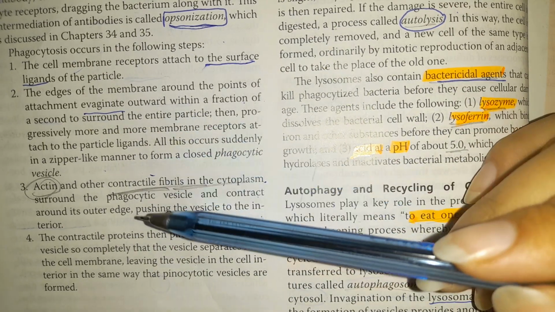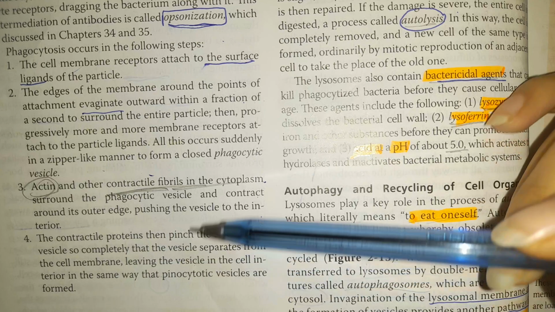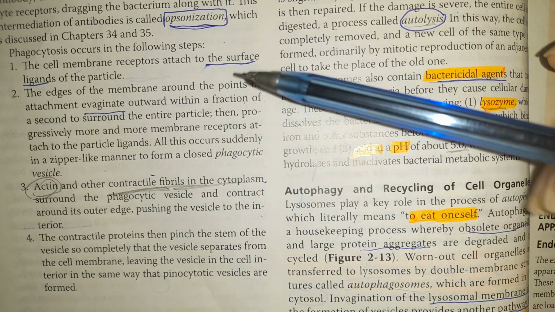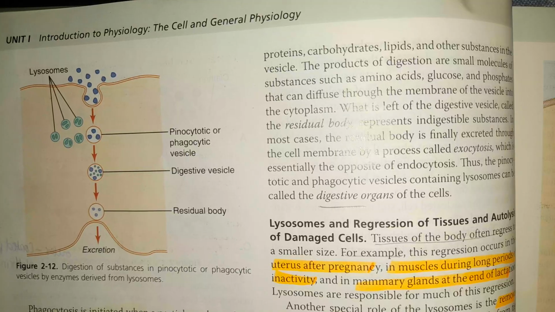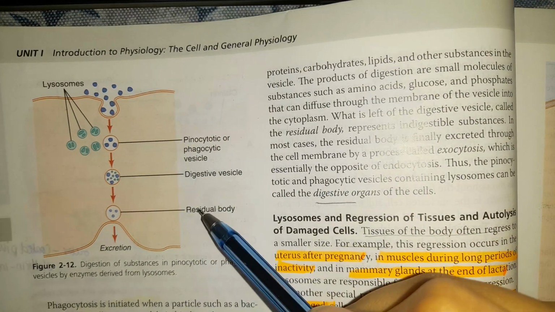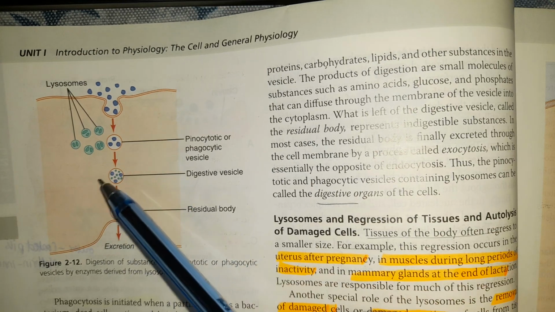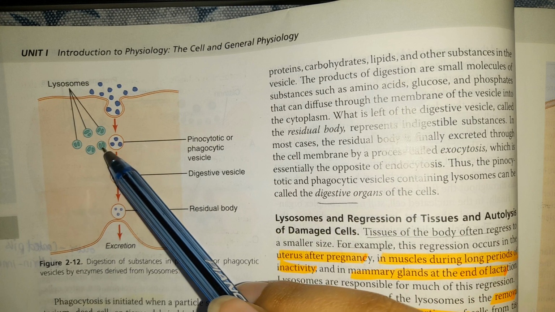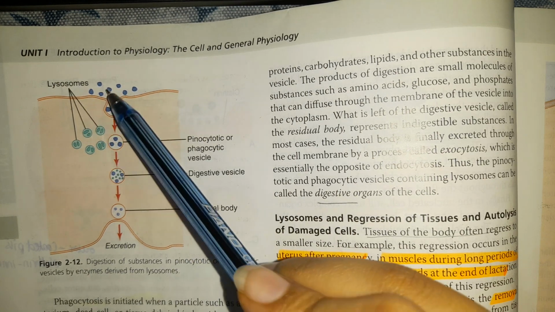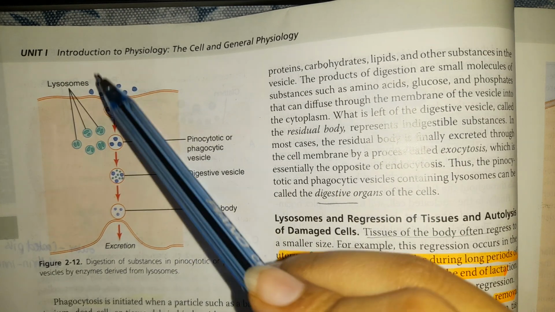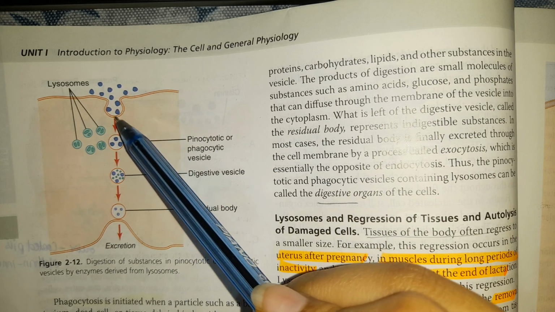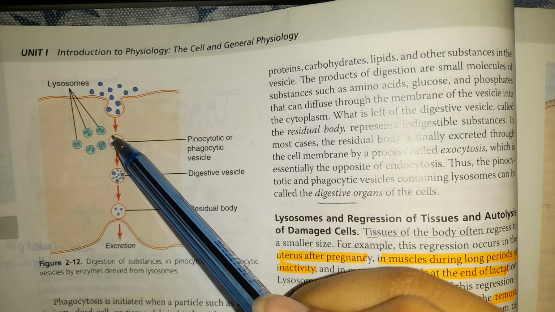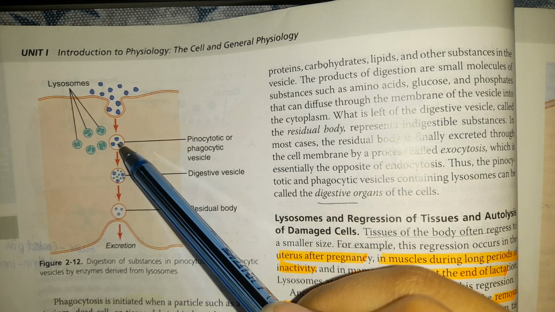It can be either the phagocytotic or the pinocytotic vesicle, depending upon the amount of the material it has ingested. The digestion of the vesicle occurs by enzymes derived from lysosomes, because lysosomes contain 40 different hydrolytic enzymes. So, here we had the process of opsonization, then movement inside, then dissolving, and then finally the pinocytotic or phagocytotic vesicle has been formed.